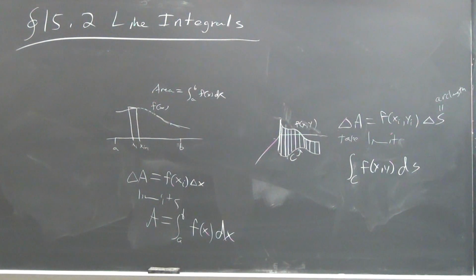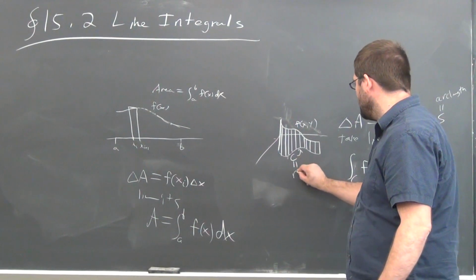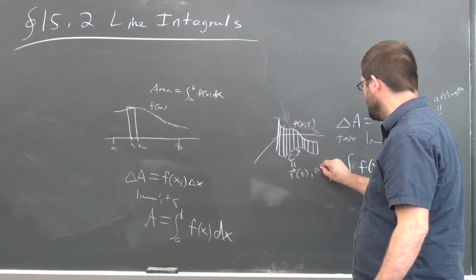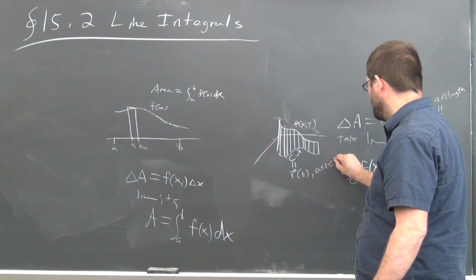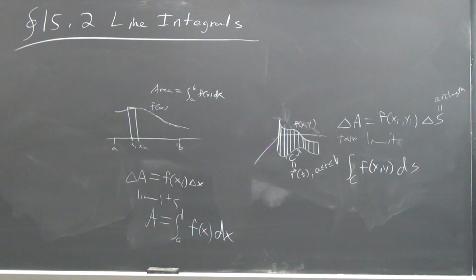Suppose your C is defined by some r of t, where t ranges from A to B. That's some vector valued function giving you your curve.